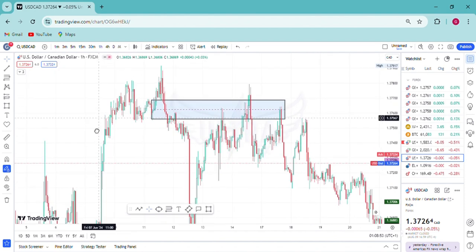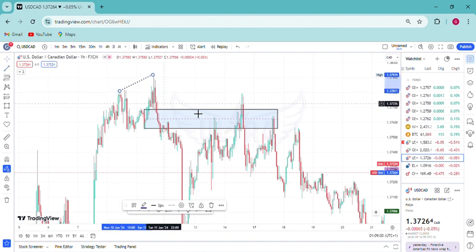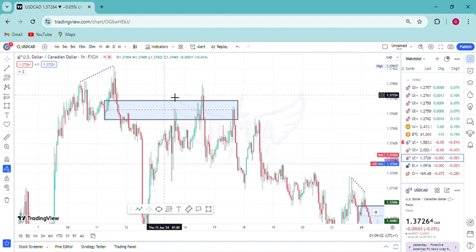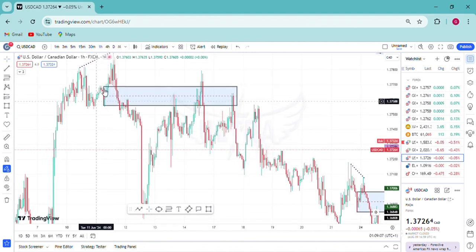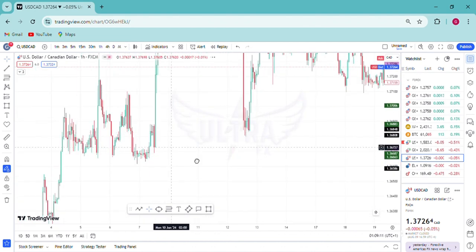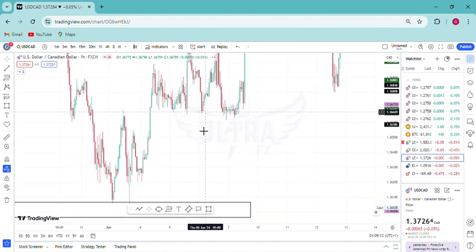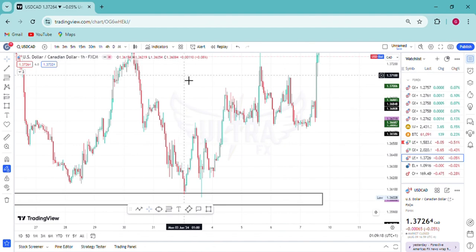Why is it our breaker? Because this high that was created was a beautiful high that is actually higher than the previous high. So this is a breaker right here. You can find other, I normally call mine breaker or mitigation block or anything. It's just the words.